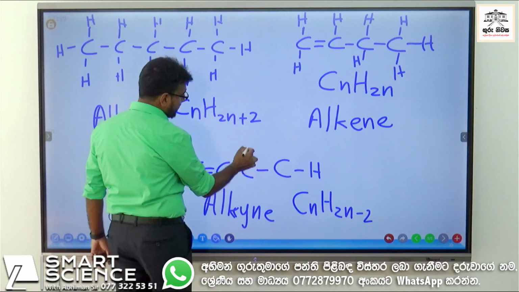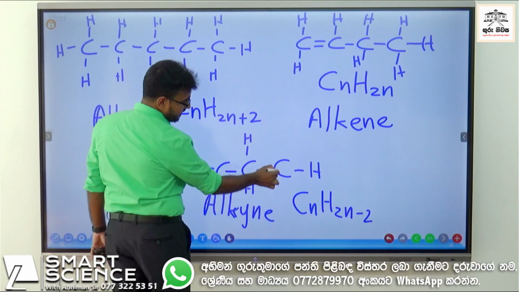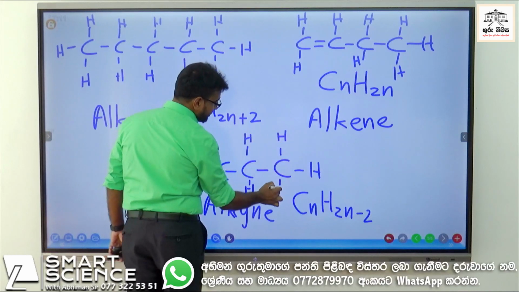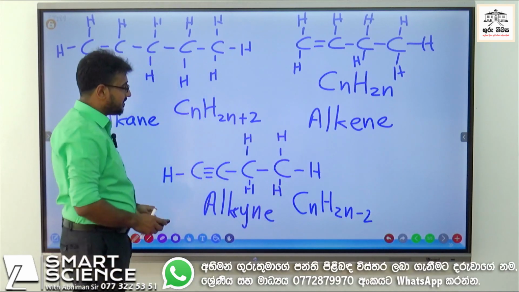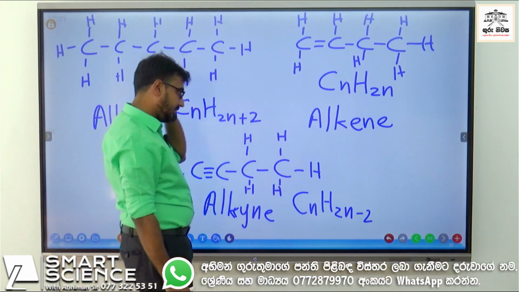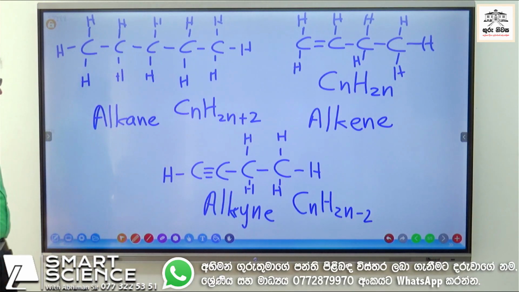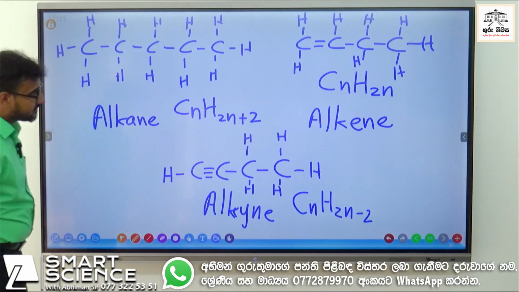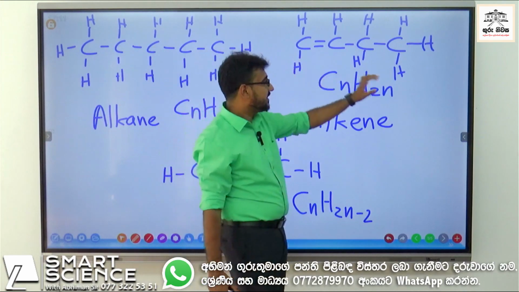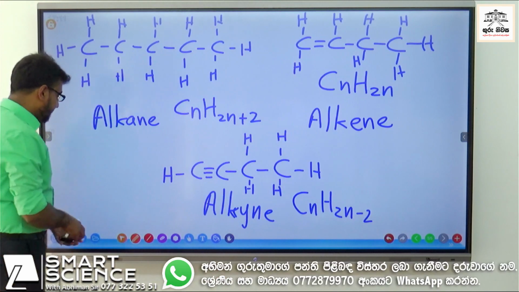We have to add 2 hydrogens here, 2 hydrogens here, we also should have 2. Right, then we put it in 1 2 3 4 5 6, correct. Okay, so formula එක මතක තියාගන්න පුතේ.